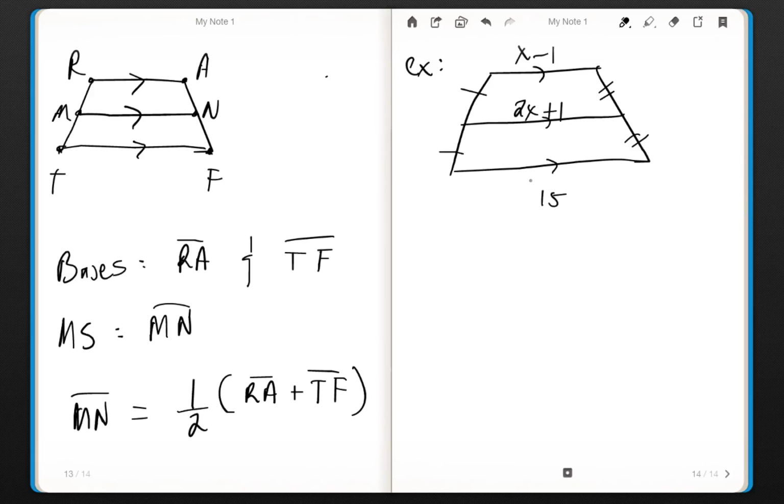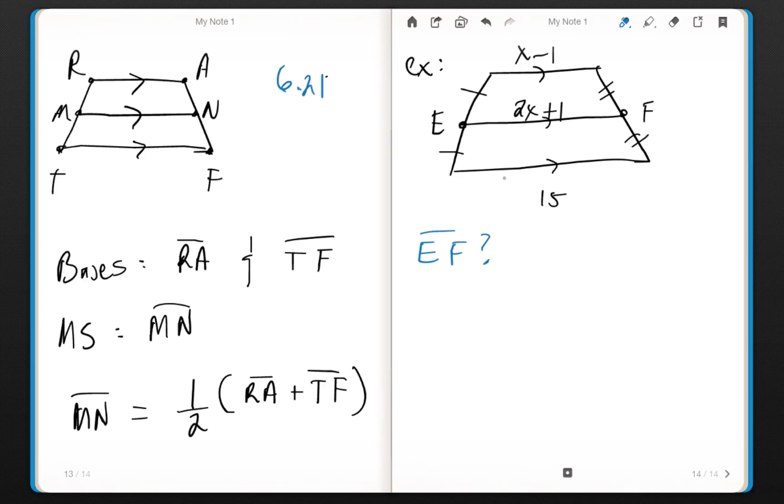Now they're asking you to figure out what EF is, and this is EF. So this actually isn't too bad. I can use the theorem that we just learned about the midsegment of trapezoids, that's theorem 6.21, and I know that if I take the sum of the bases and split it in half, I'll get the length of the midsegment, which is what they're trying to get us to figure out. They want us to know what EF is.